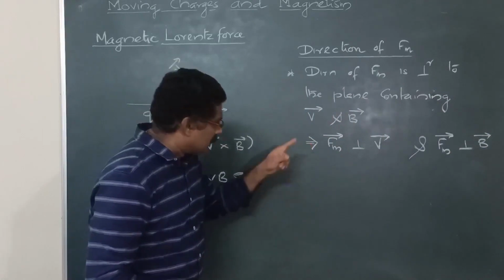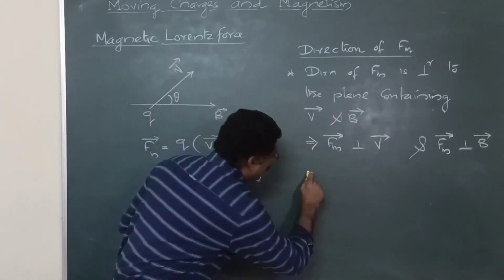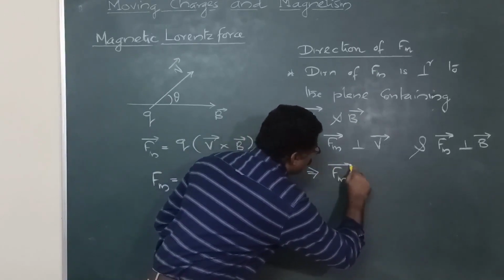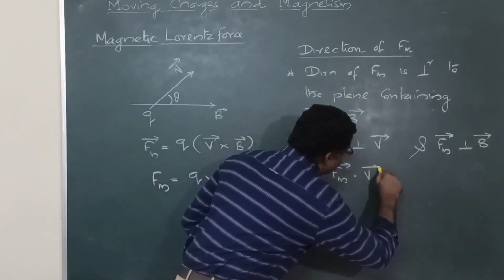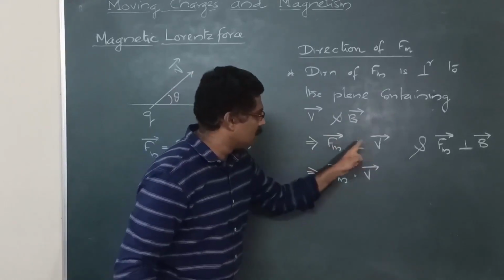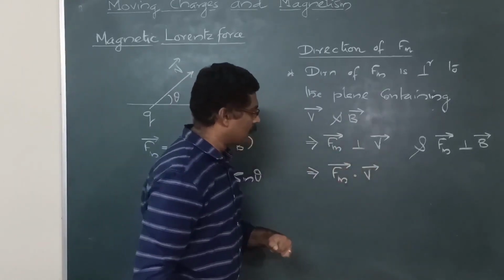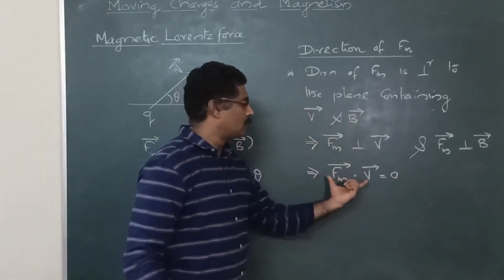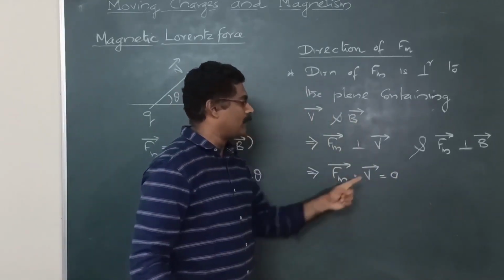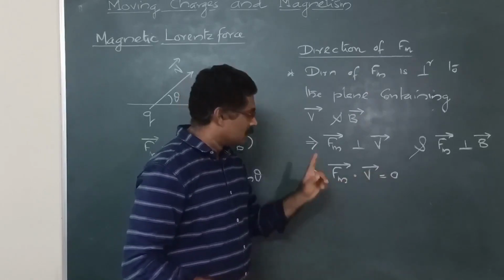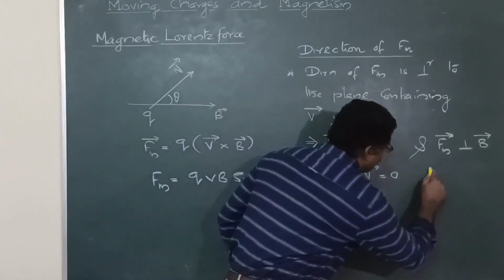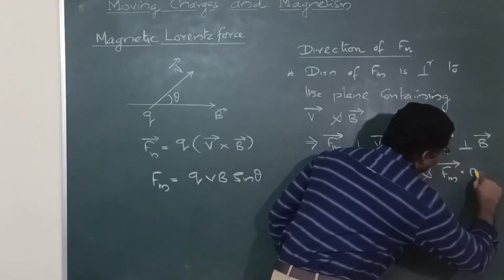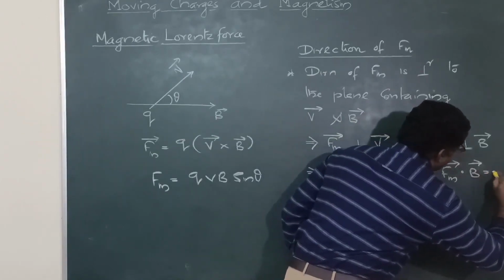From the same idea we can expect a question: what is Fm vector dot V vector? Since these two vectors are perpendicular, this is equal to 0. The dot product between perpendicular vectors is equal to 0. Similarly, Fm vector dot B vector is also equal to 0.